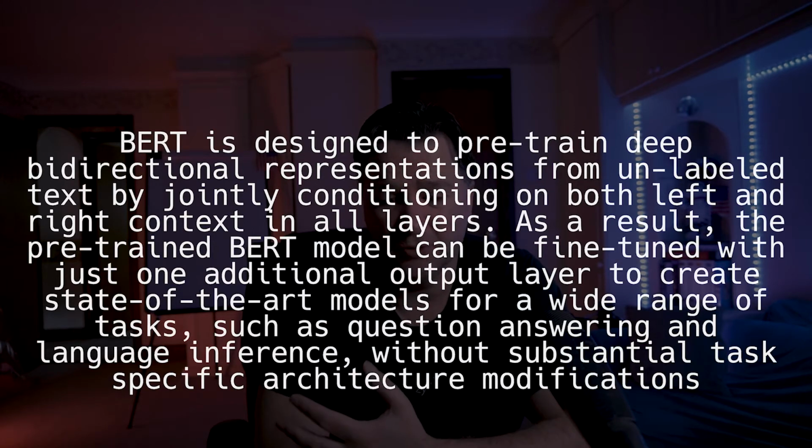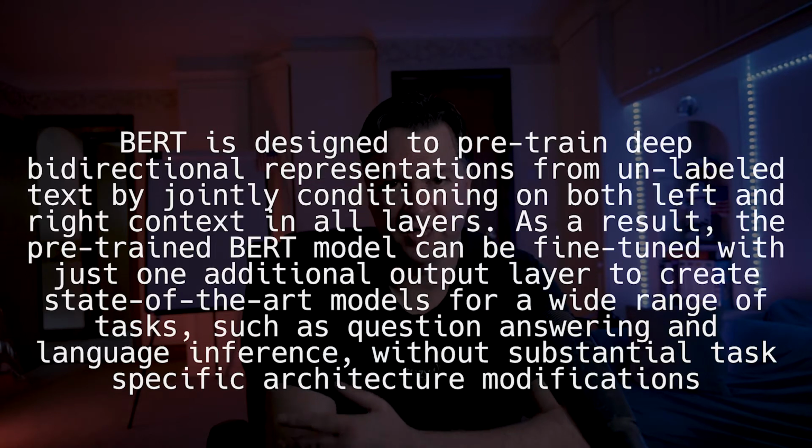As a result, the pre-trained BERT model can be fine-tuned with just one additional output layer to create state-of-the-art models for a wide range of tasks, such as question answering, which is the one we're doing just now, or language inference, without task-specific architecture modifications. So that's exactly what I just explained a second ago.